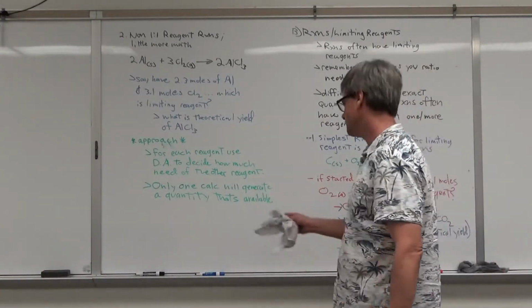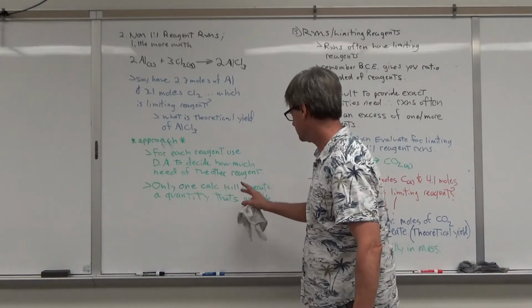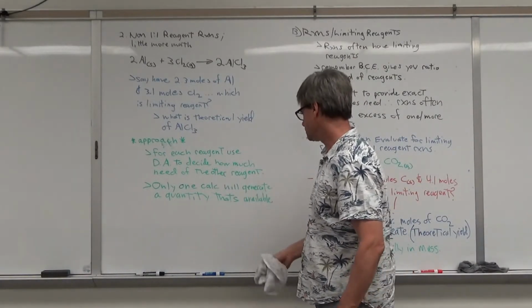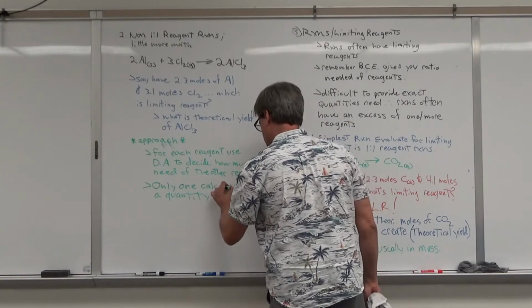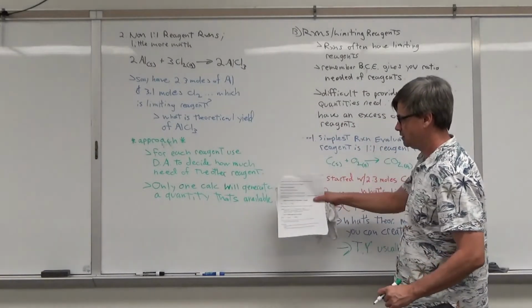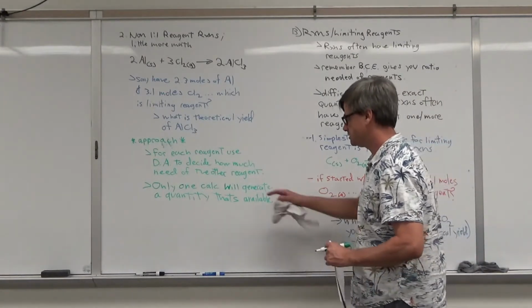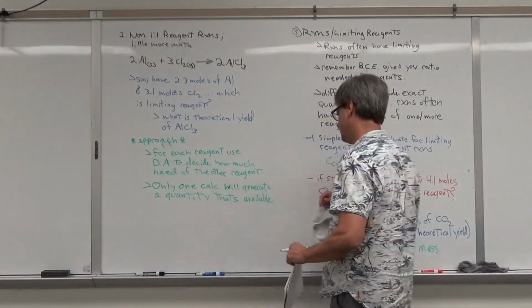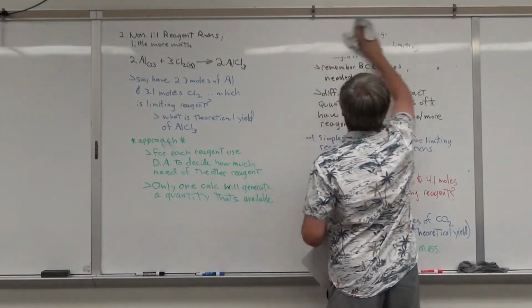Yeah, and that is a nice way to say it, although maybe a little complex. Only one calculation will generate a quantity that's available, and the reagent that initiated that calculation is the limiting reagent.